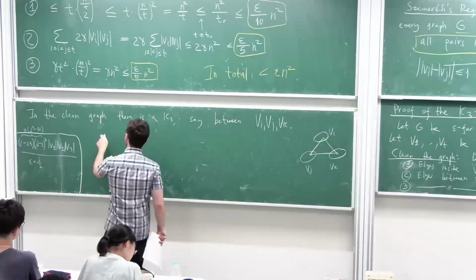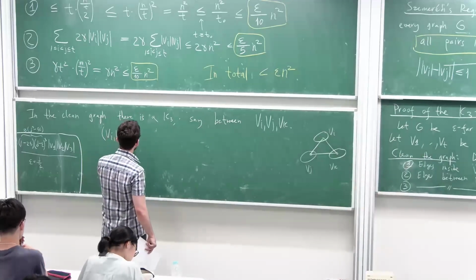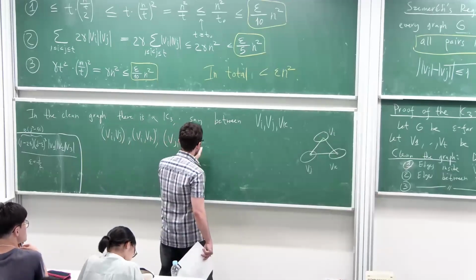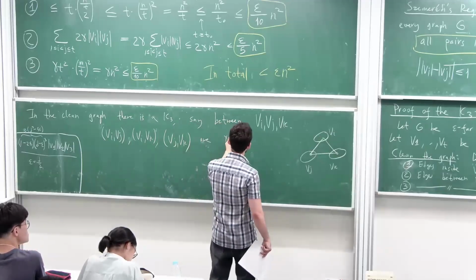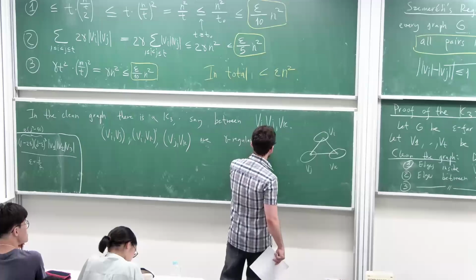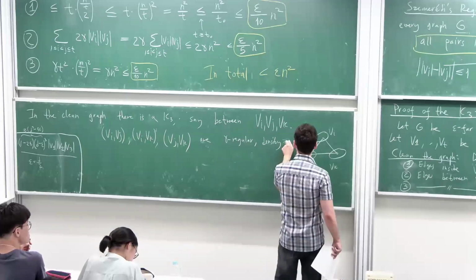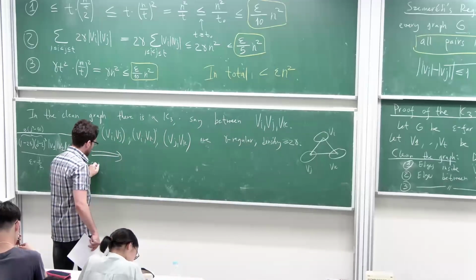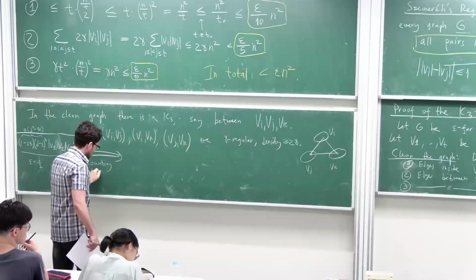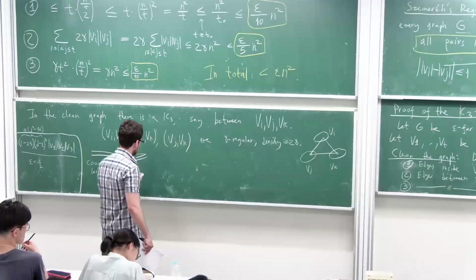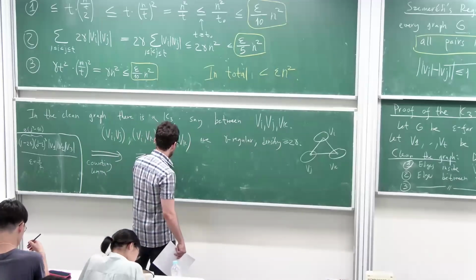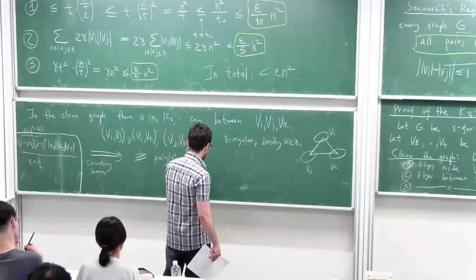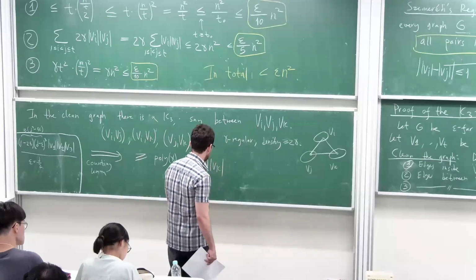Right, so VI, VJ, VI, VK, and VJ, VK are gamma regular and have density at least 2 gamma. And therefore, by the counting lemma, there exists some polynomial in gamma times VI times VJ times VK triangles.